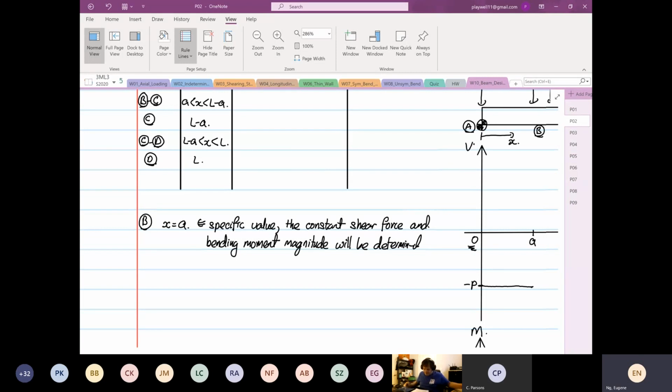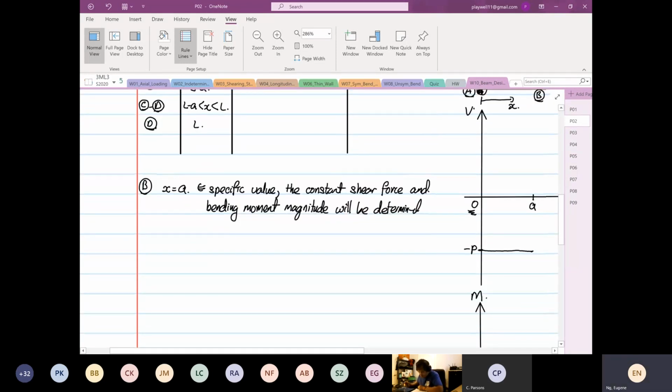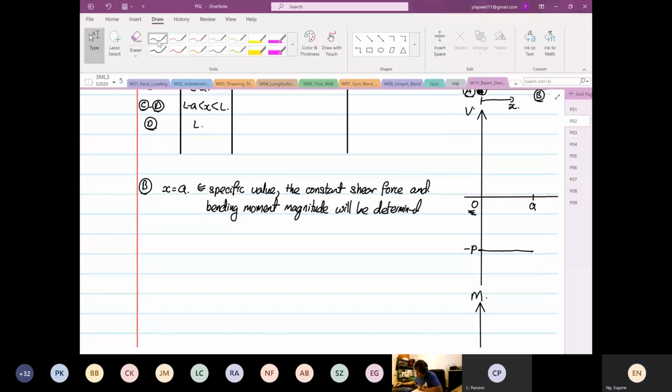So from here, when x is equal to a, again, you draw the same diagram at point B now, okay? So this is at point B. So this is point A. And then this is your point where? At point B, okay?